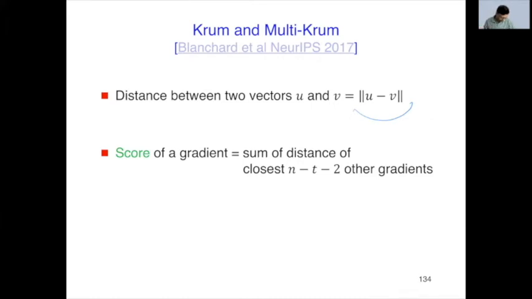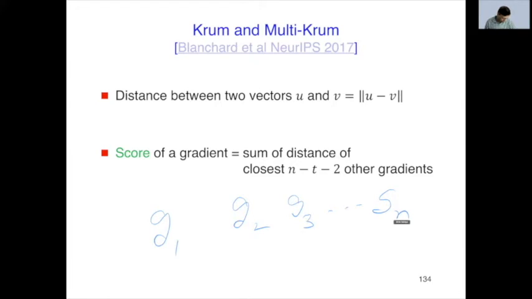And having defined the distance, we're going to compute a score for each of these gradients. So the server has n gradients, it will compute a score for each of them. What's the score? Suppose you're computing the score for G1, and the other gradients are G2, G3, up to Gn.